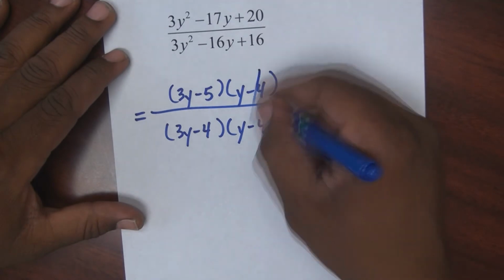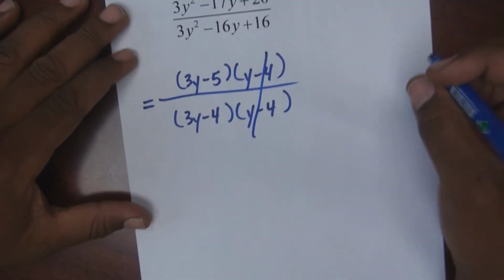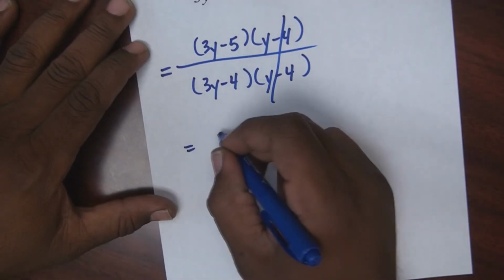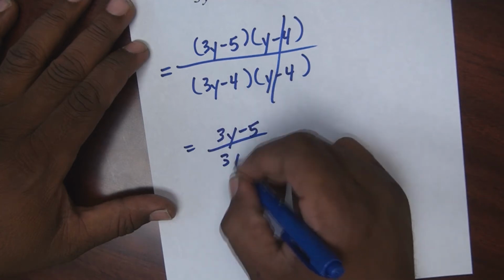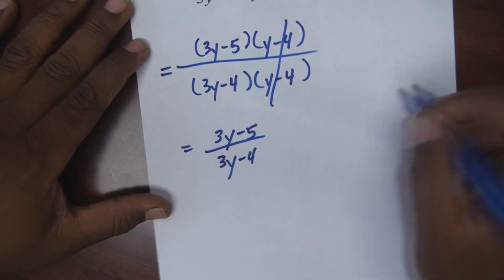Next, I'll cancel the common factors. So our simplified result is 3y minus 5 divided by 3y minus 4.